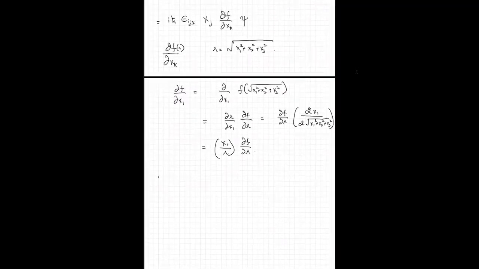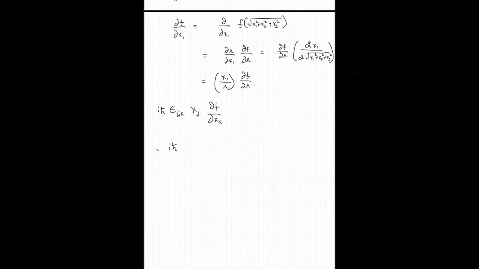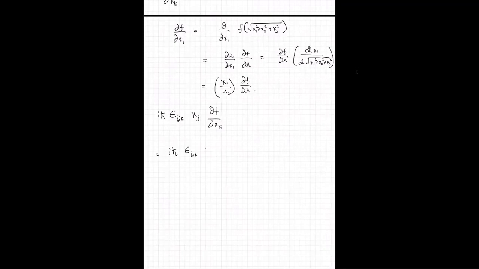Which means that i h bar epsilon ijk xj df/dxk would be equal to i h bar epsilon ijk xj xk over r df/dr. And again, I will use the same logic: the quantity xj xk is symmetric in j and k, and epsilon ijk is antisymmetric in j and k.